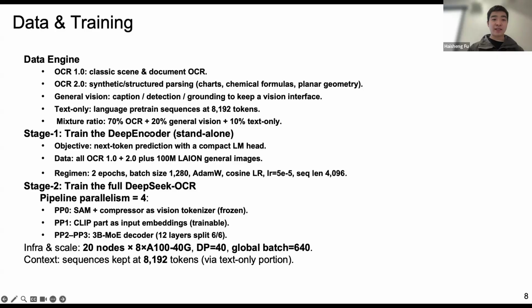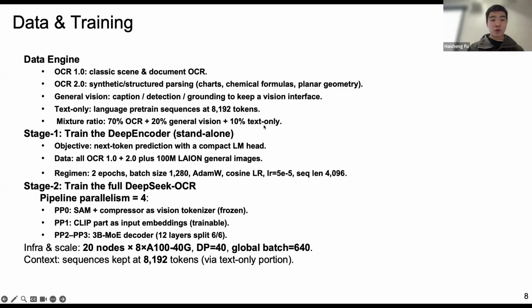The third data is the general vision: caption, detection, grounding to keep the vision interface. They also include some text-only data, and we can see its training data includes 70% OCR data, 20% general vision, and 10% text data.